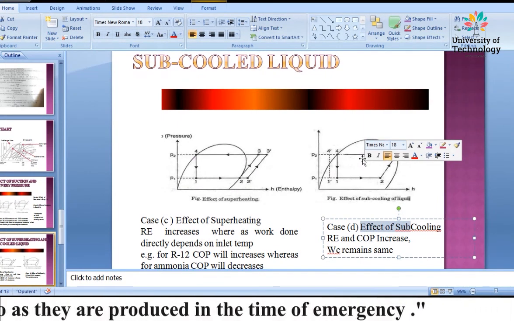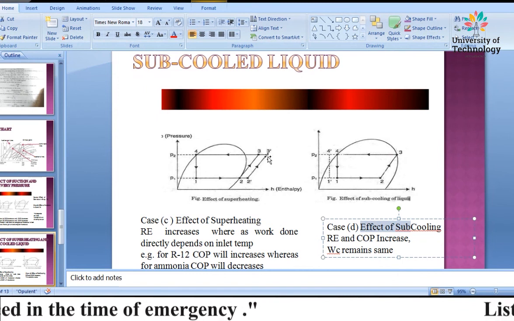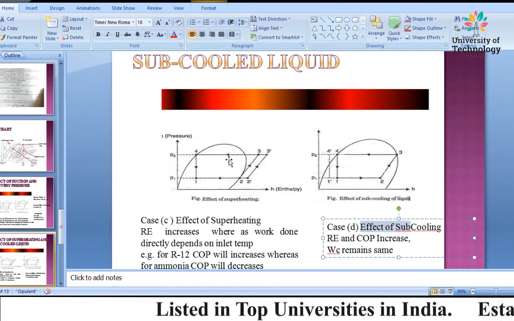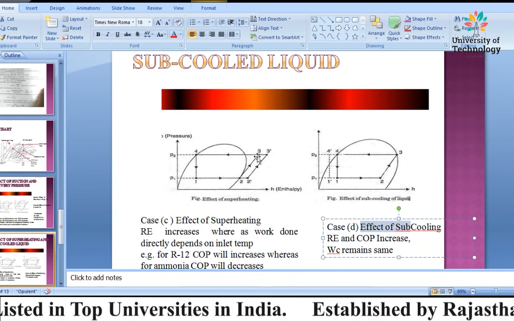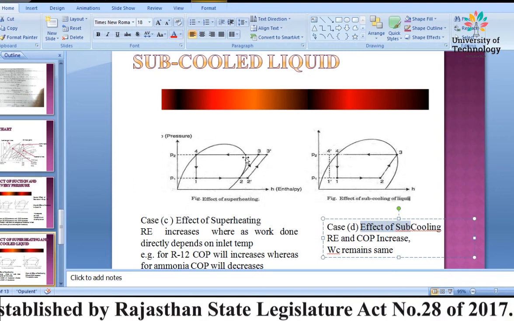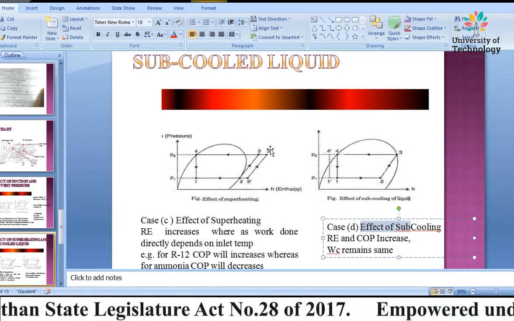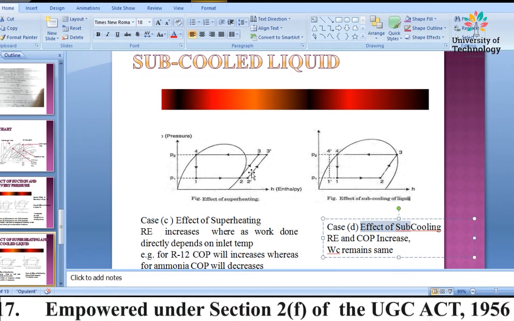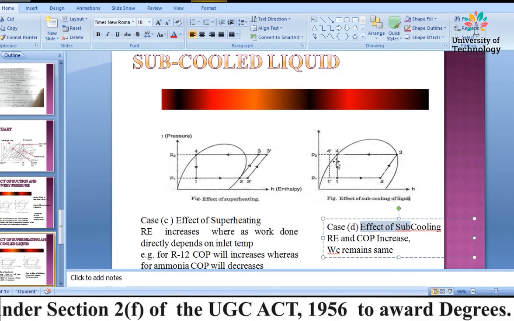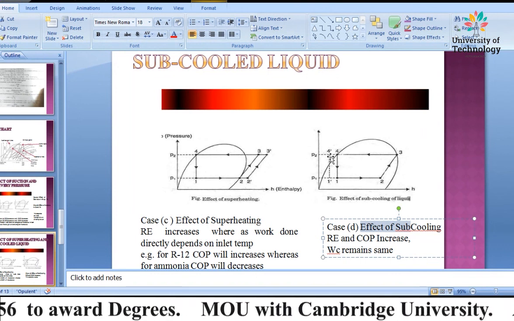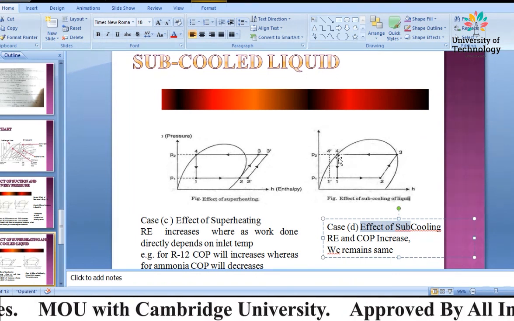This is superheating: T3' minus T3 at condenser pressure, and T2' minus T2 at evaporator pressure, is the degree of superheat. In this case, at condenser pressure, T4 minus T4' is the degree of subcooling, or degree of undercooling.